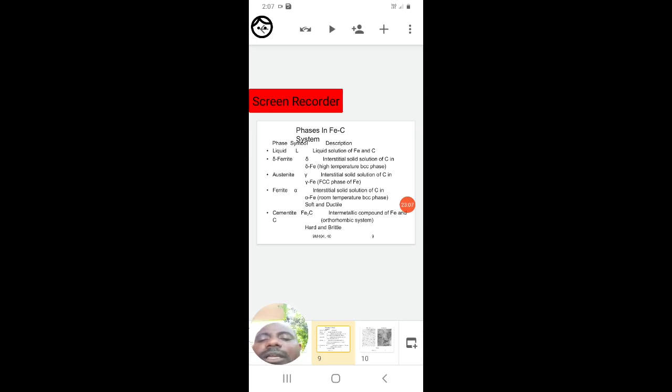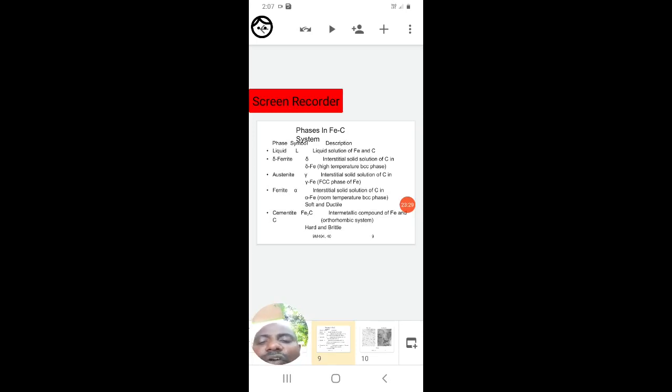Austenite is an interstitial solid solution of carbon in gamma iron, FCC phase. Ferrite is an interstitial solid solution of carbon in alpha iron at room temperature, BCC structure. It is the softest material.